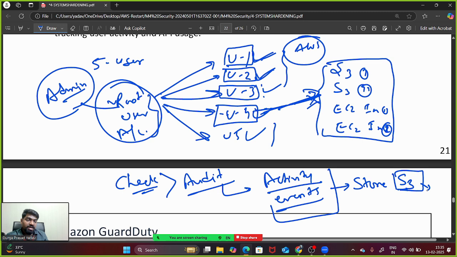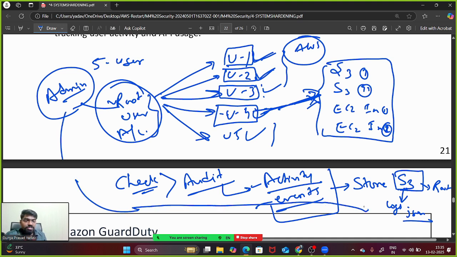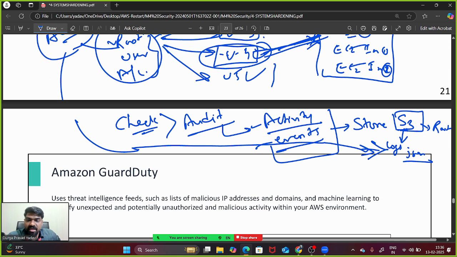In that S3 bucket, access will be only with the root, and every activity and event will be recorded as logs in JSON format. Now the admin will come and check this JSON file, and will come to know that user 4 has deleted all these resources. Are you getting my point, guys?